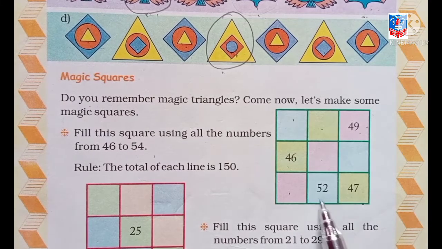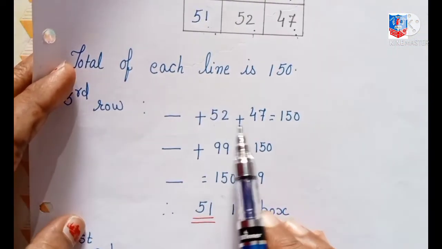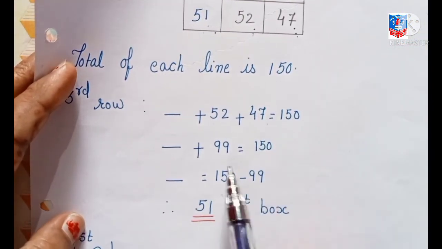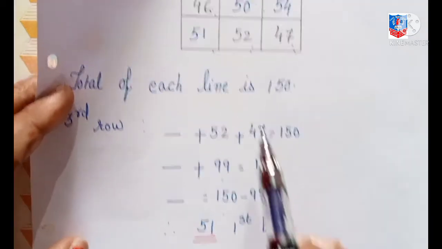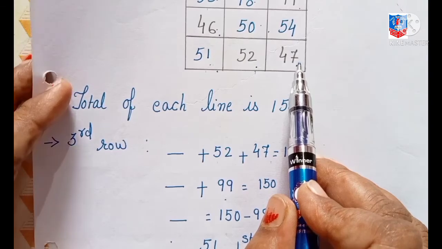Okay, so see here. First let us take this row, 52 plus 47. To find this number, what we will do? First we will add these two numbers, 52 plus 47. See here, 52 plus 47 is 99, and the total of these three is 150.